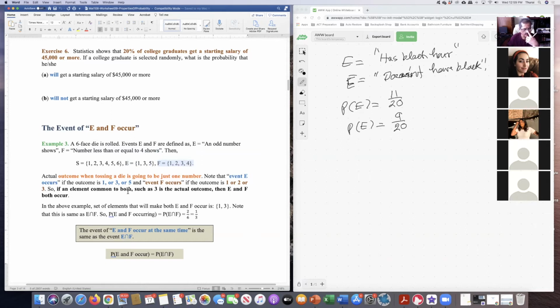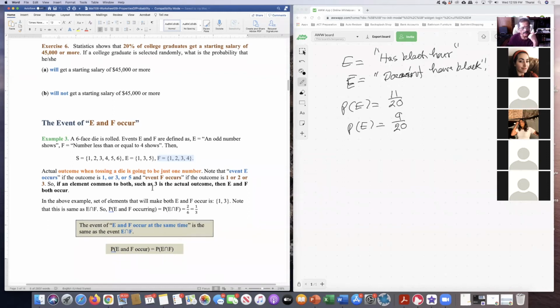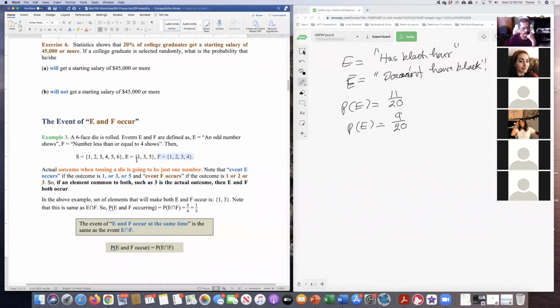Okay, then when you actually toss the die, there will be only one number that's going to come up. So in the event, we have to list all the elements that will make that event happen, but the outcome is going to be only one. So when I actually toss the die, if it is a 3, then event E has occurred, and event F has occurred because the number is less than or equal to 4.